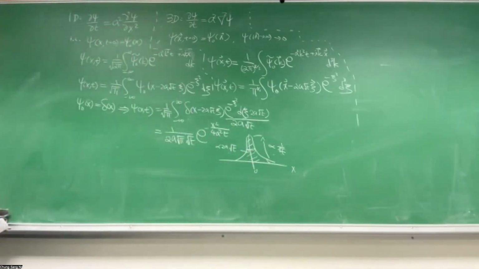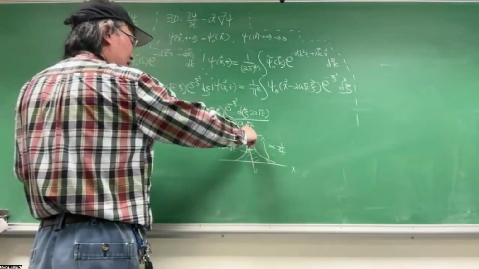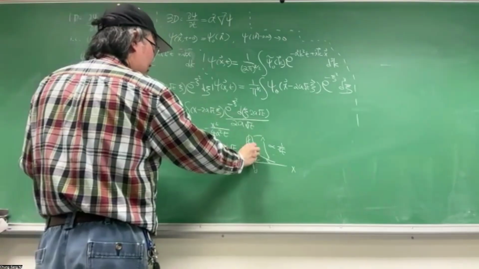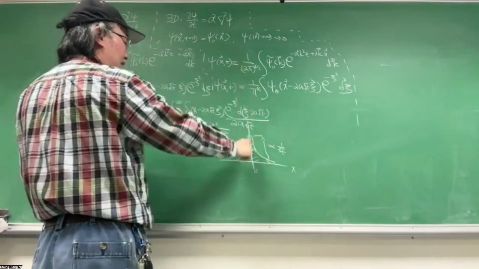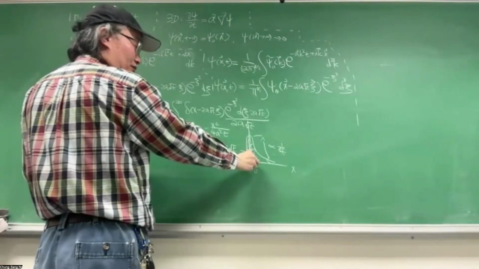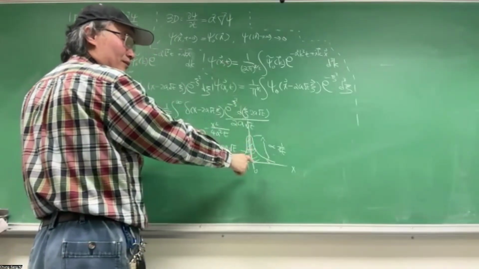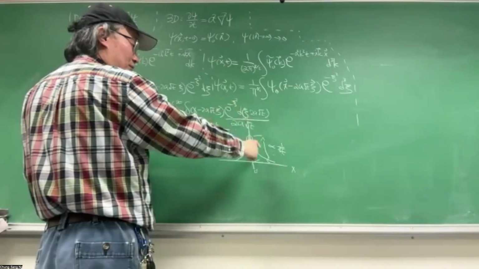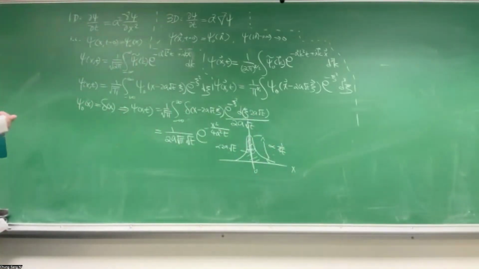Okay, so that gives you the physical picture of diffusion. It starts out with a spike that is infinitely large at x equals 0, but the width is 0, so it's exactly at one single point. But once t is greater than 0, it spreads out and keeps spreading out in time.